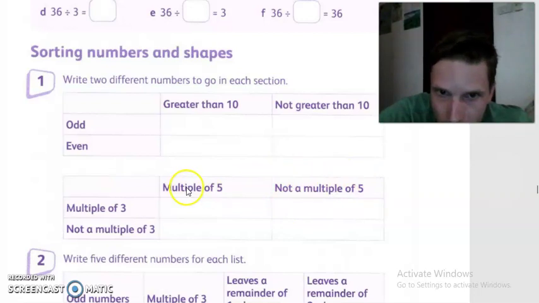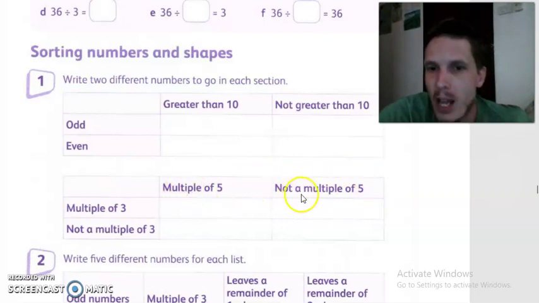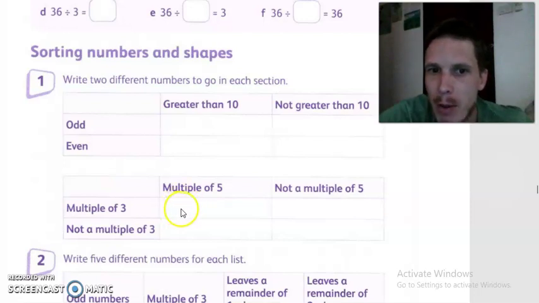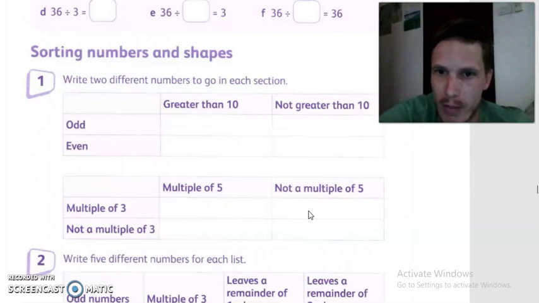So in the columns, you need a multiple of 5, not a multiple of 5, and in our rows we have a multiple of 3 and not a multiple of 3. So in this box here, your two numbers are going to have to be both multiples of 5 and multiples of 3. In this box, they're going to be a multiple of 3, but not a multiple of 5. Okay, so have a go at number 1.